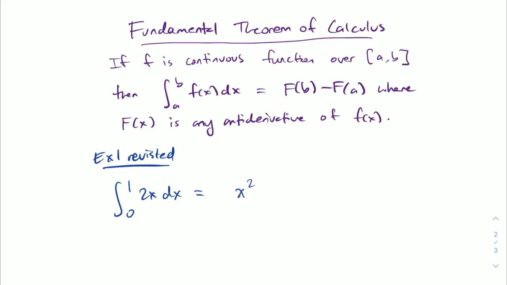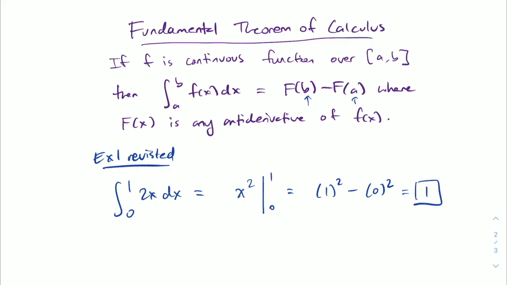And now I'm going to put in 1 and 0, the b and the a, and take the difference. We represent this with a vertical line and a 1 and a 0. So this is kind of an intermediate step to the conclusion of the fundamental theorem. So now we'll put 1 for x, we'll put 0 for x, and we'll take the difference, and we'll get 1 minus 0, which is just 1.